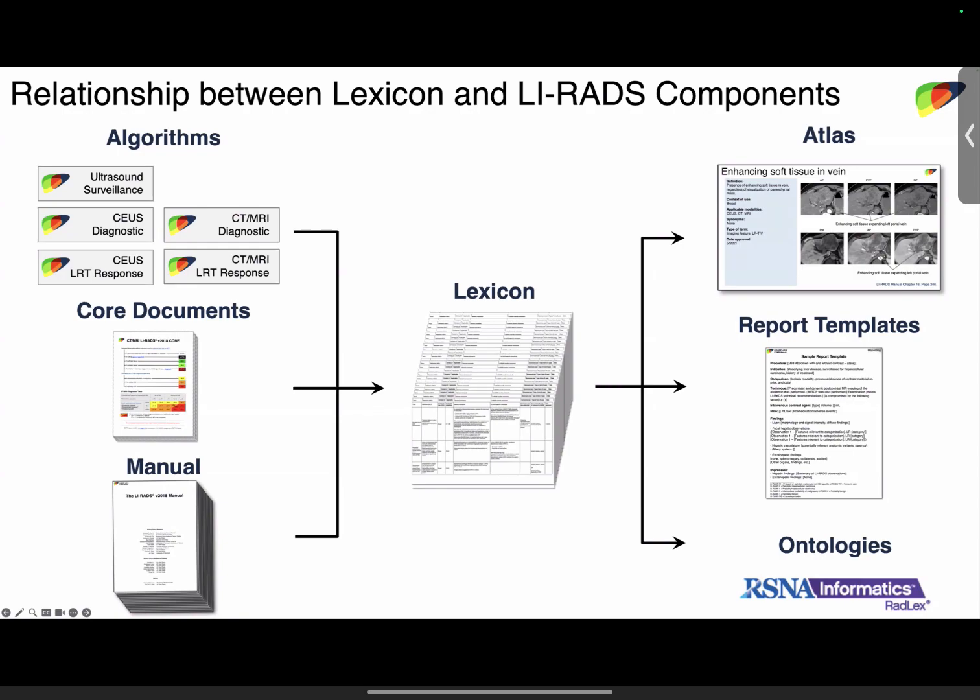And the core concepts surrounding these algorithms have been expanded in core documents and described in detail in the manual. We have extracted 83 key terms from the core documents and manual into the lexicon and defined these terms. A spin-off product of the lexicon is the atlas, which I will show you in a moment.